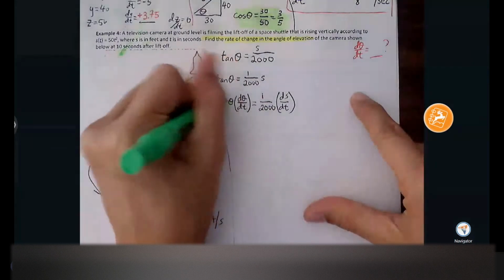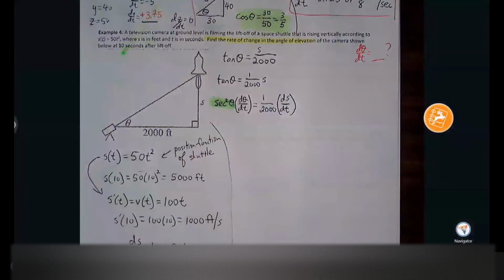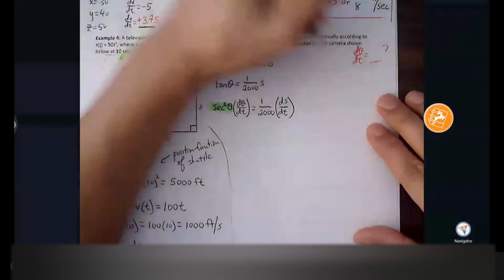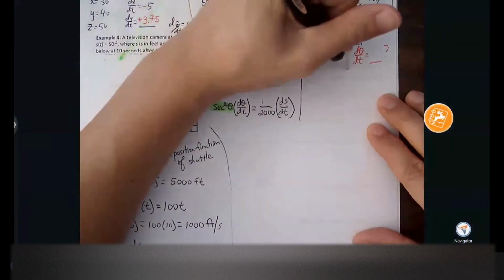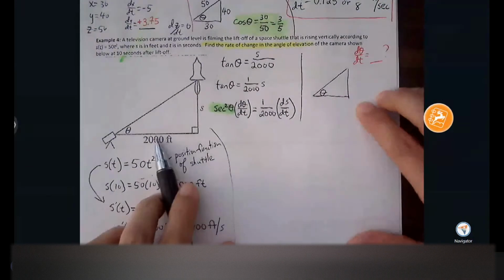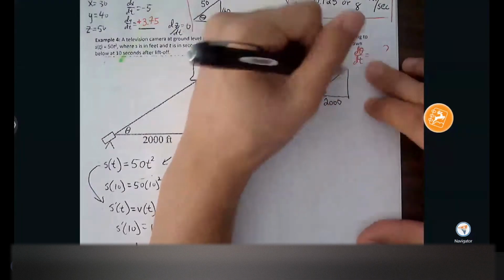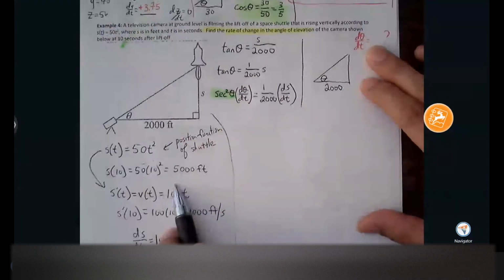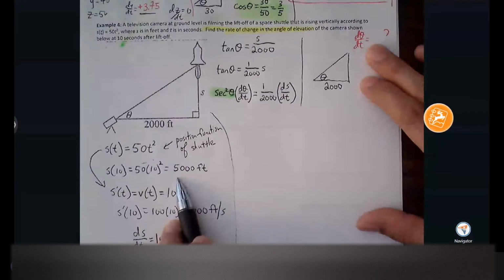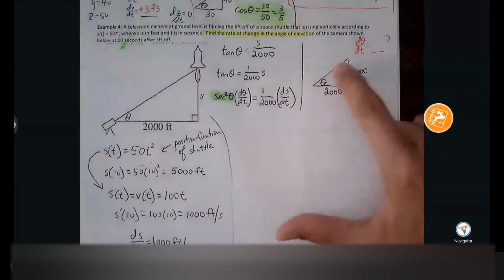So we need to find the substitution for that secant squared theta. So here's my second triangle. Base is 2,000. The height, we found that as well, which is 5,000. And I find the hypotenuse.